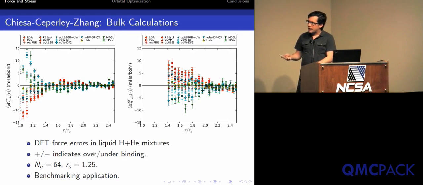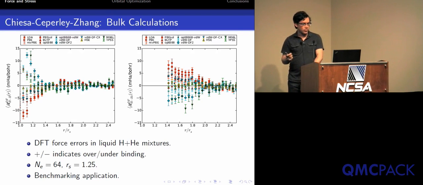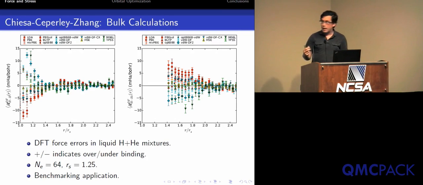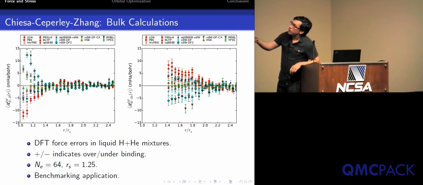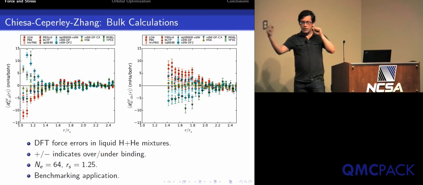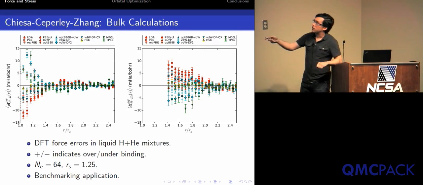But having access to these forces gives you quite an impressive amount of resolution in terms of finding out where your functional is breaking down, what it's failing to capture. What I've done here is show the average force error between the hydrogen atoms as a function of distance.